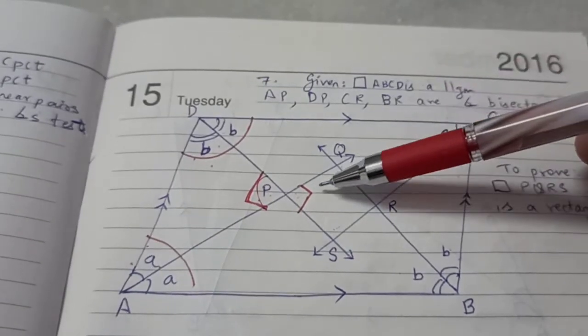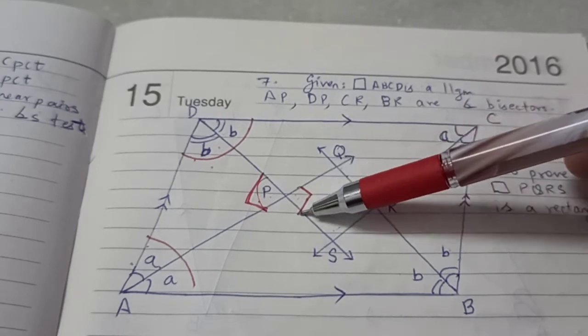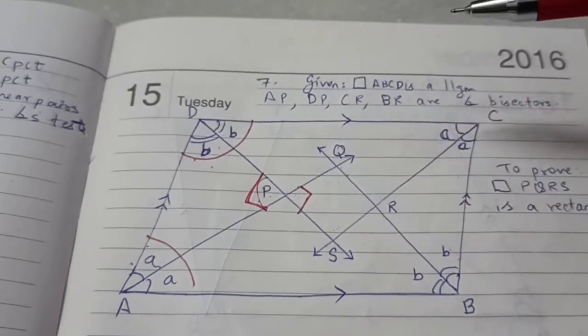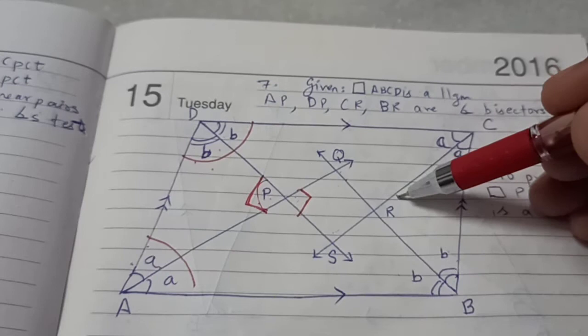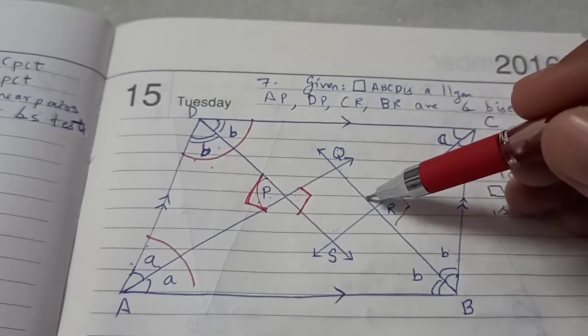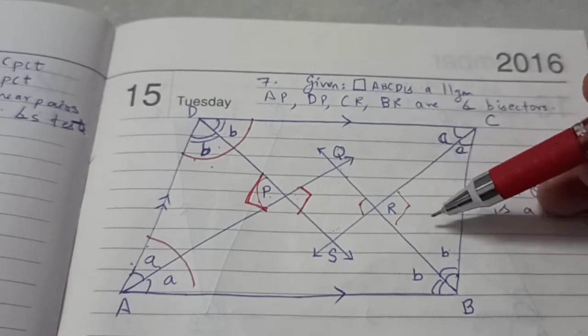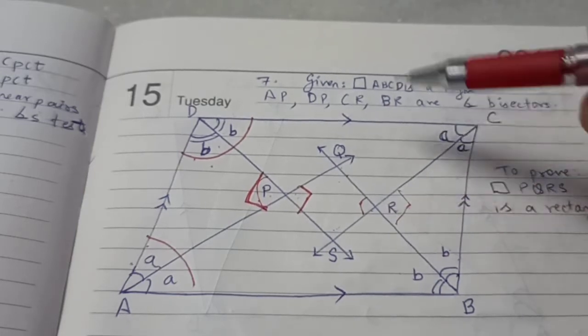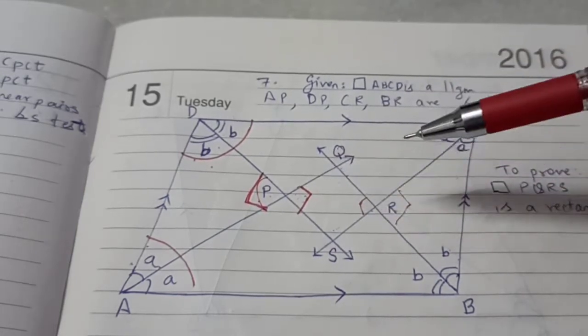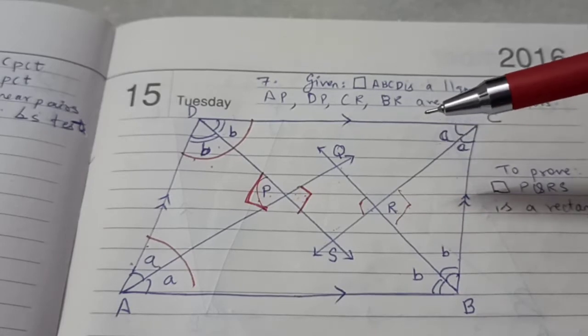So since just like this is 90 by vertically opposite angle, similarly I can prove that this is 90 and vertically opposite this is also 90. But here I need not show all the steps. I will just write similarly. So now I've got two angles 90. That's not enough. I need one more angle is 90 degrees.